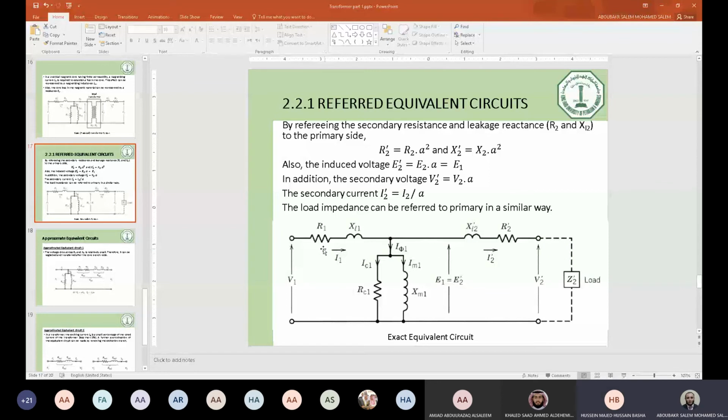But I mean, you take this assumption based on what? Based on two things. First, the voltage drop across the impedance here is very small. The second, the current which is moving here in this branch is very small. Can you hear me, guys? Yeah, but why do you know this is a very small current?